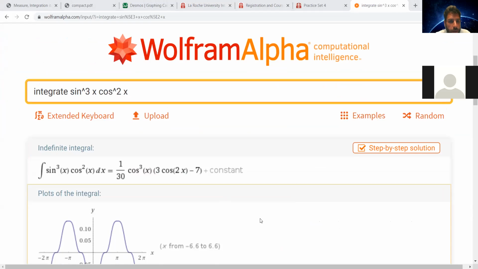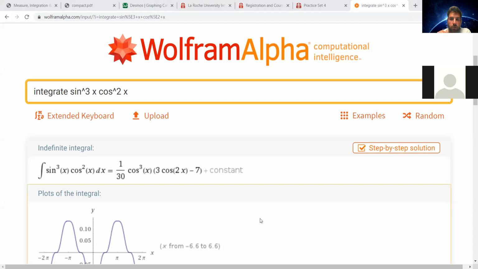See, the difference between you and me is when I was in trig class, I paid attention. And what I could show you is that the answer that Wolfram has is the exact same thing that I have. It's just written in two different ways. Wolfram is going to choose to factor things a certain way. It's going to choose to use certain trig identities.